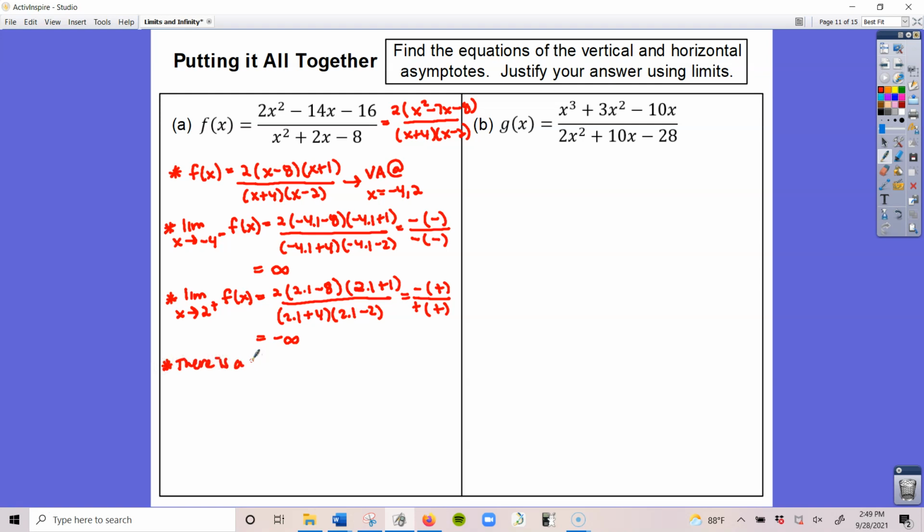There is a vertical asymptote at x is equal to negative 4 because the limit as x is approaching negative 4 from the left of f of x is equal to infinity.